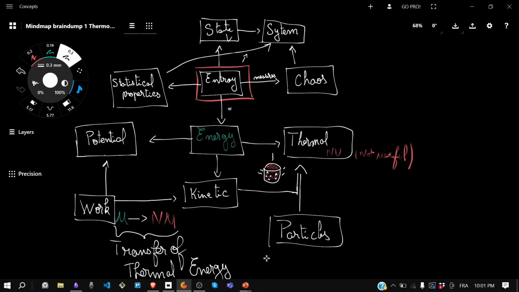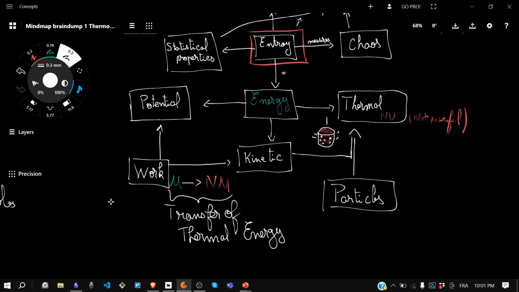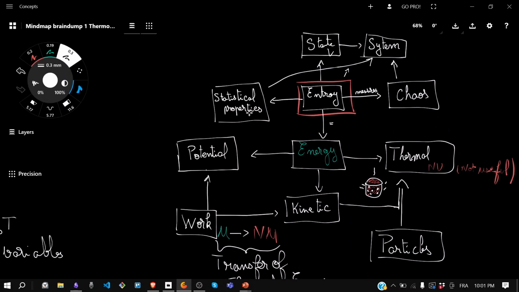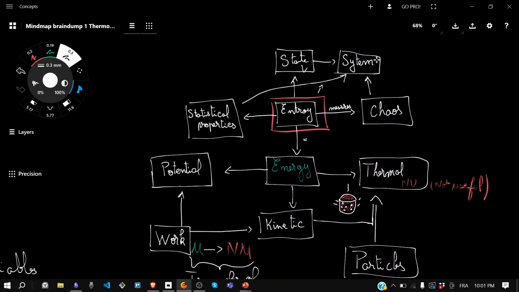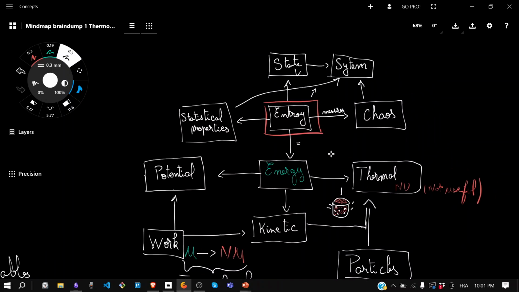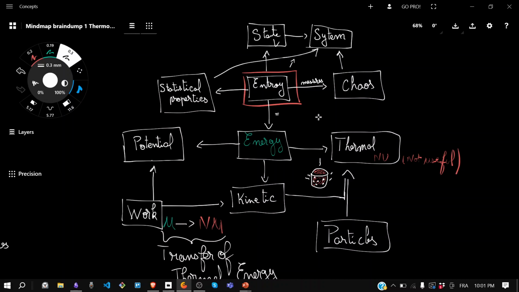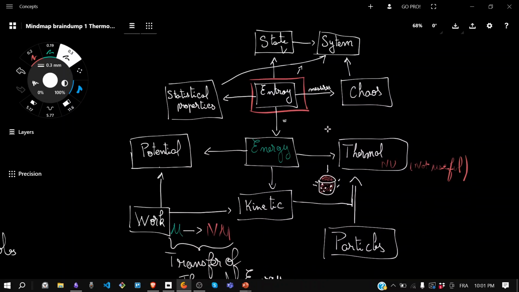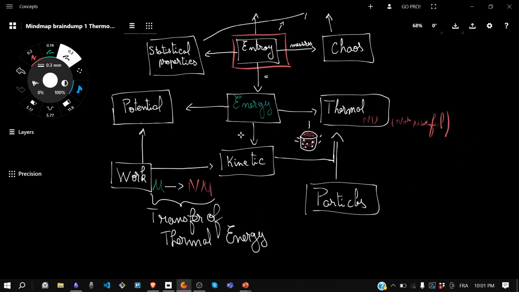Now, let's see. What else do we have here? So we looked at work. Now let's look at statistical properties of the system based on entropy. How does entropy relate to energy? That's another good question. What are the equations for these things?